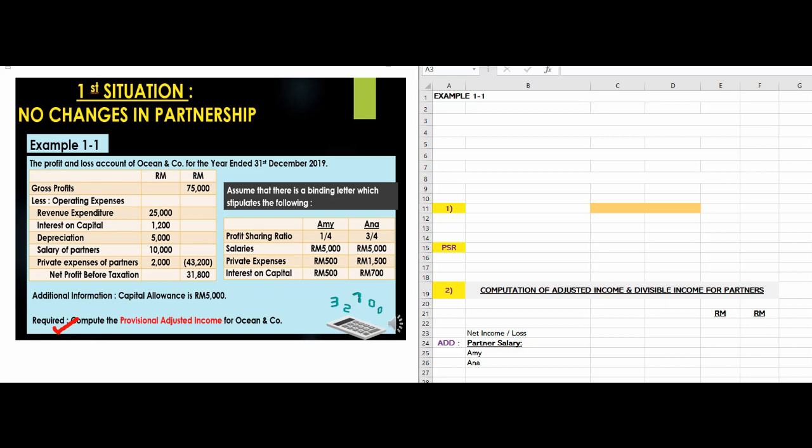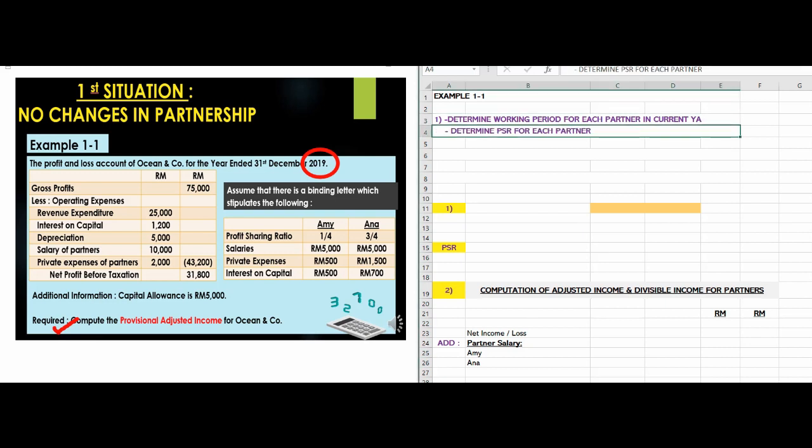So there are 3 steps that you should remember before you answer each question regarding partnership taxation. First, you determine the working period for each partner in the current year of assessment. In this situation, the current year of assessment is 2019, so you have to find out how many months each partner worked in 2019.